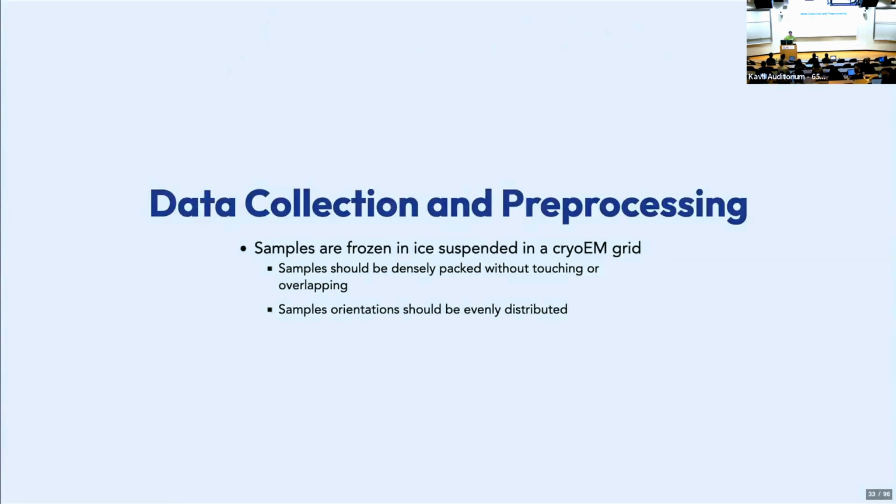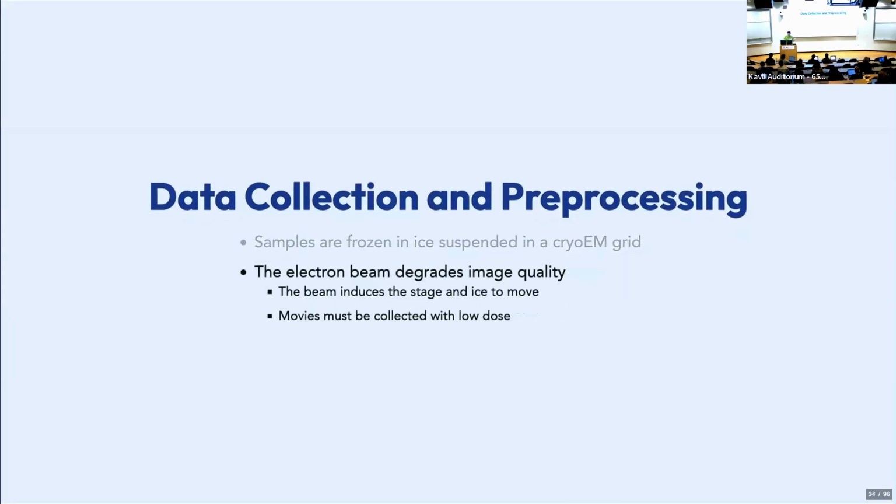So that is the quick and dirty summary of data collection and pre-processing. First, we freeze the samples in ice suspended in a cryo-EM grid. And you want those to be as closely packed as they can be without overlapping or touching each other. And you definitely want the orientations to be distributed randomly. Okay? The electron beam degrades the image quality, right? Those electrons are just burning away that high resolution stuff.